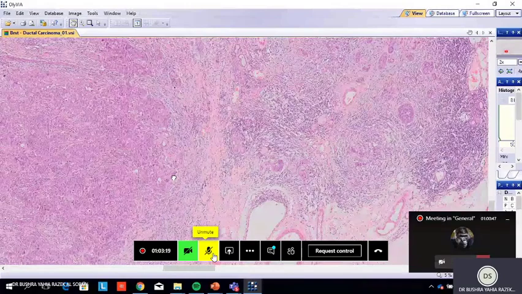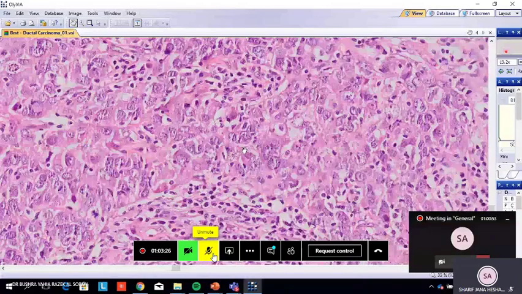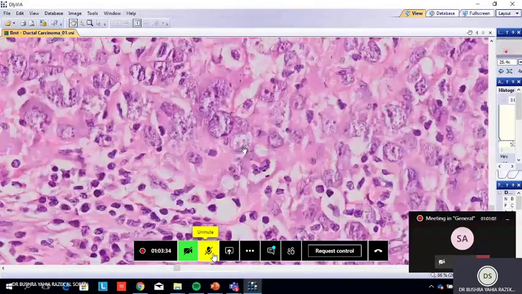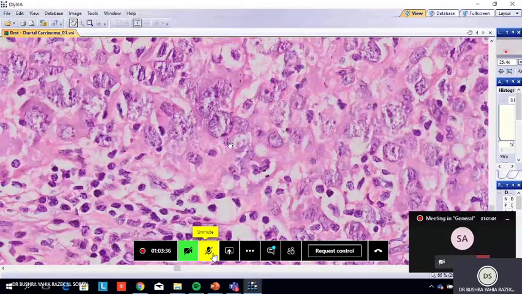Doctor, in those large malignant cells, how come the nuclei appear clear? You mean the vesicular nucleus? Yeah, how come it appears clear? This is a feature of epithelial tumor. You can see vesicular nuclei containing nucleoli.